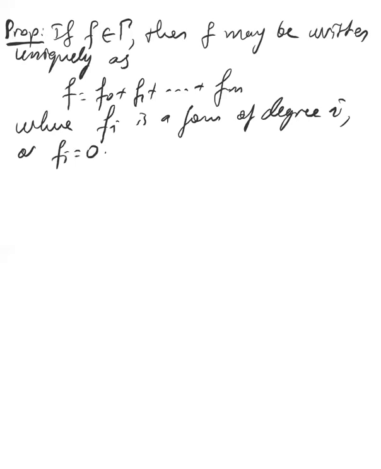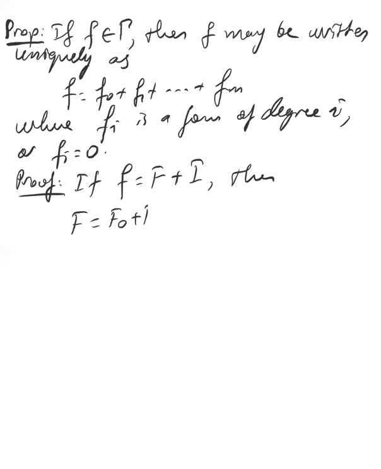Or 0, of course. Proof, here's a proof. So if we write f, if capital F represents little f, then this f can be written as f0 plus f1 plus f2 plus ... plus fm, where either the degree of fi is i, or it is 0.